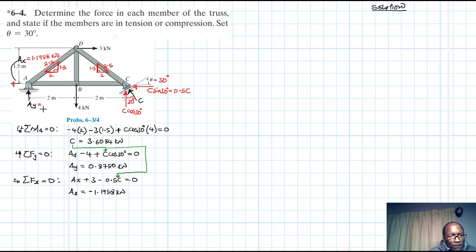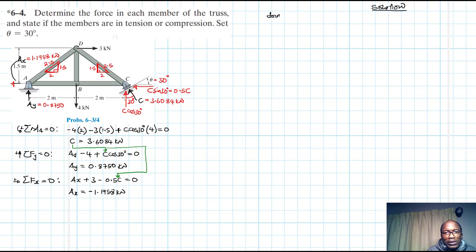AY is equal to 0.8750, and C is equal to 3.6084 kilonewtons.